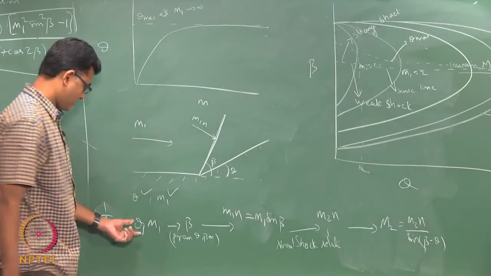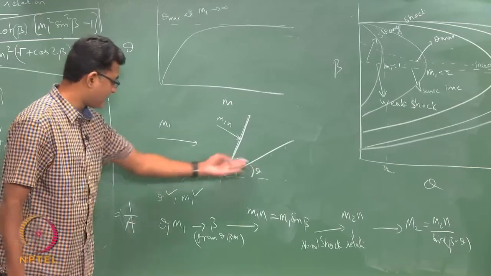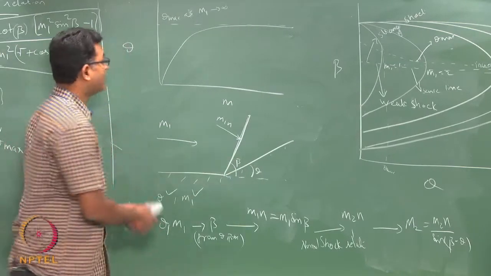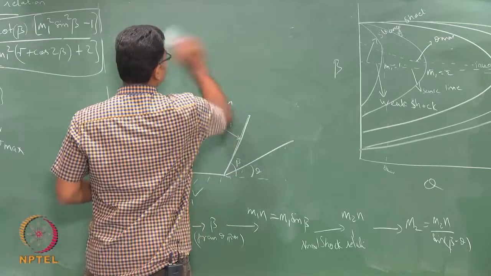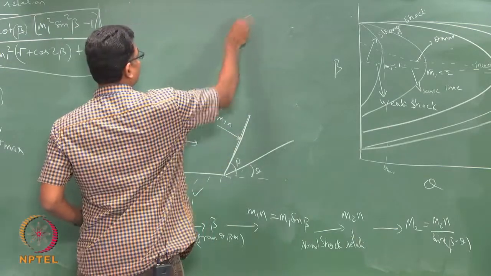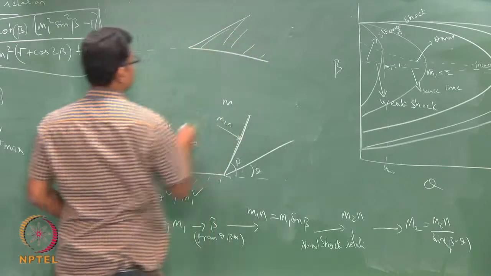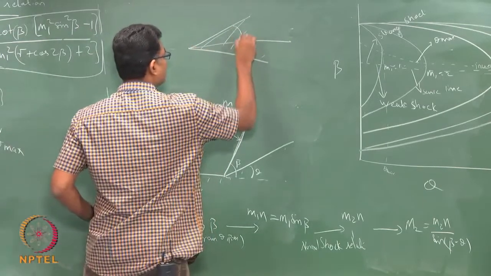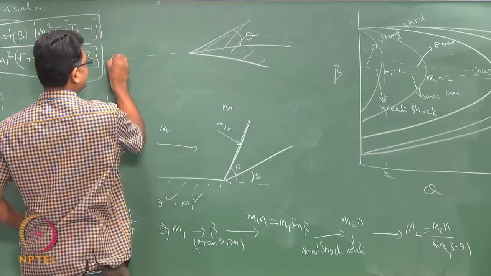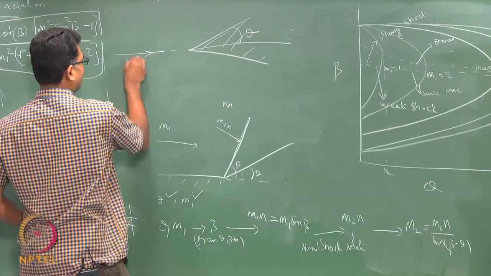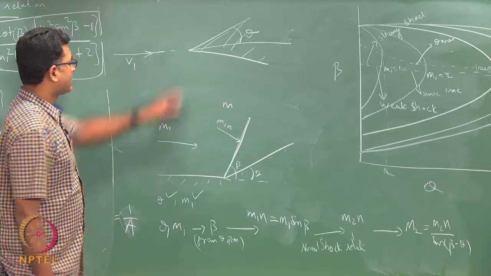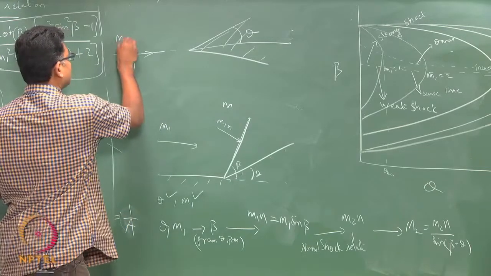Okay. So, if I have a wedge or a ramp like this, with this angle theta facing the flow V1, I know my M1.